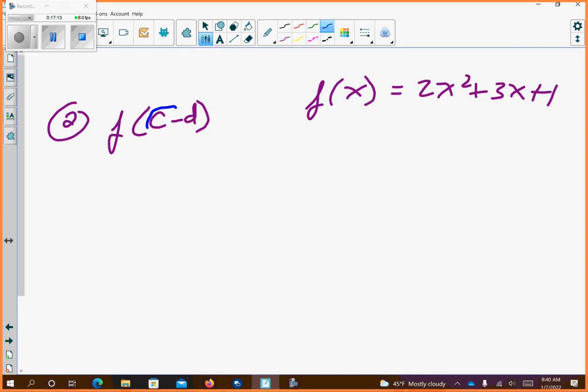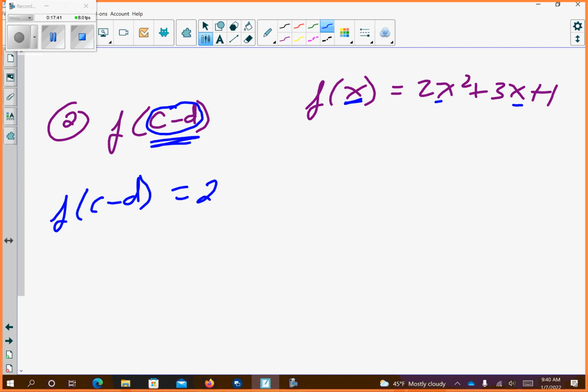What should I do with c minus d? Thoughts? Keep it? I like it. Keep it and put it where? So notice this has x for this. So what am I going to do with c minus d?